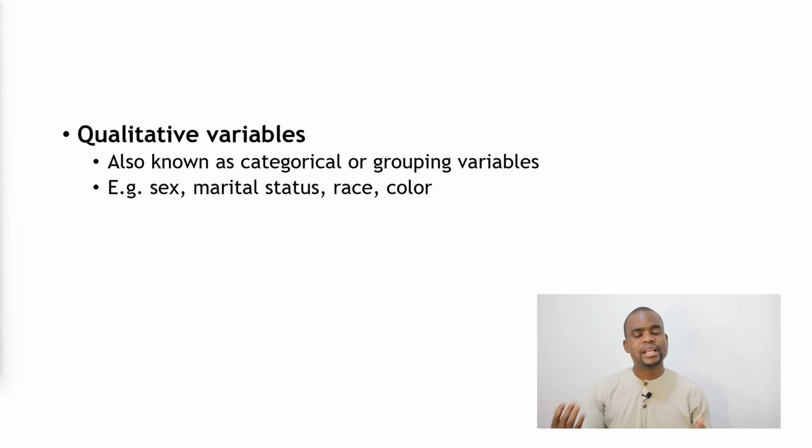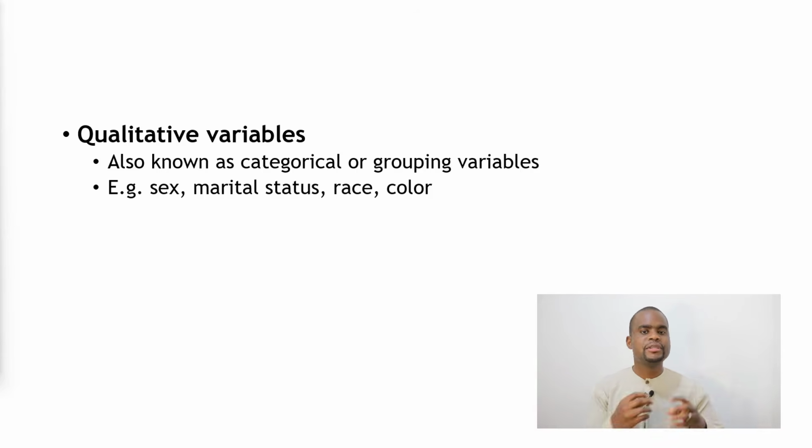When we start to analyze data, you are going to realize that the type of analysis that you can perform on a variable actually depends on the structure of data in that variable. In other words, it depends on the type of variable that you're dealing with. There are certain analyses that only work well with categorical or qualitative variables, and there are others that work well with continuous or quantitative variables.